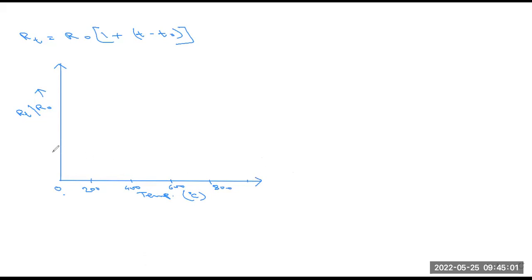And the other axis is the resistance changes. First here it is 1, then 2, 3, 4, 5, 6, 7, and so on.